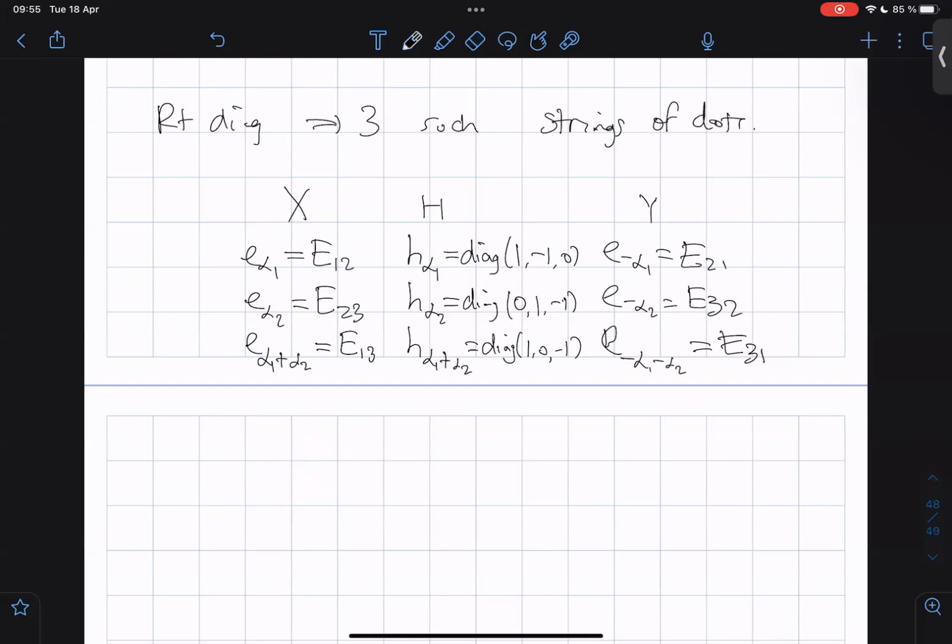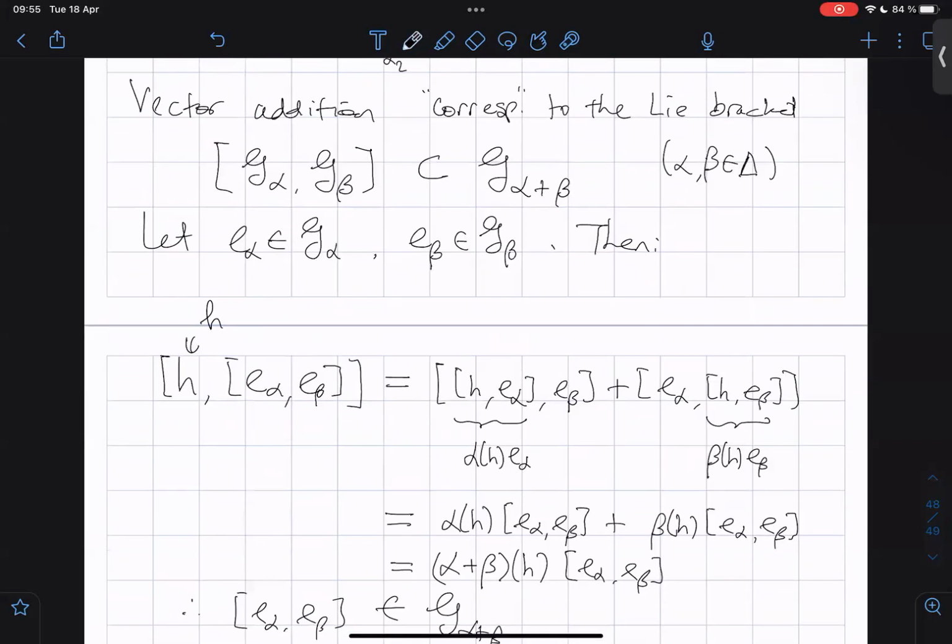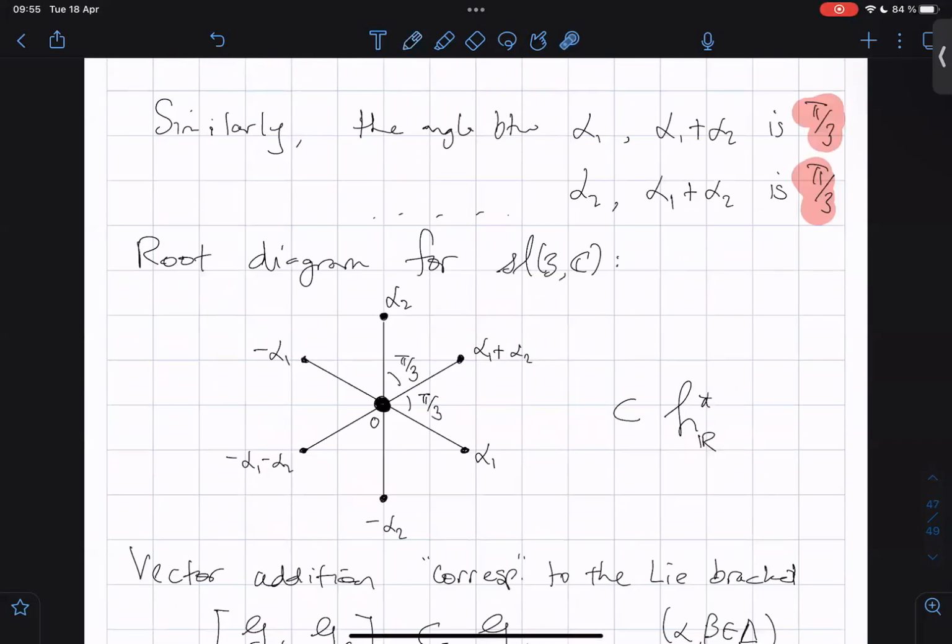Is this the line in the diagram? Yep. So in the corresponding root spaces, over here you have an X, namely E12, the corresponding eigenvector.